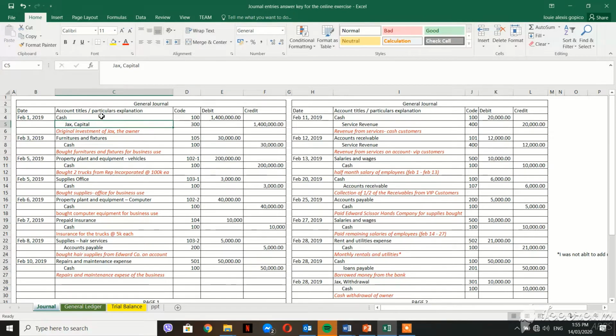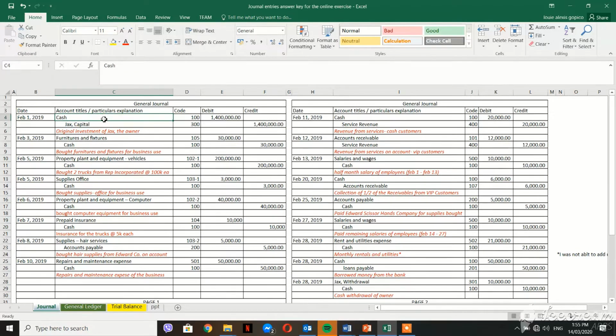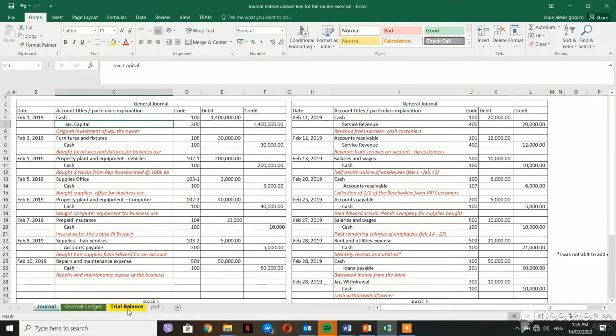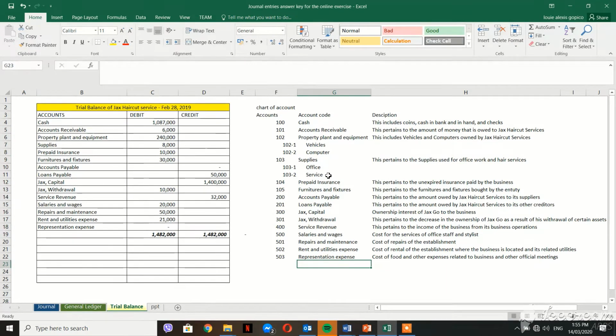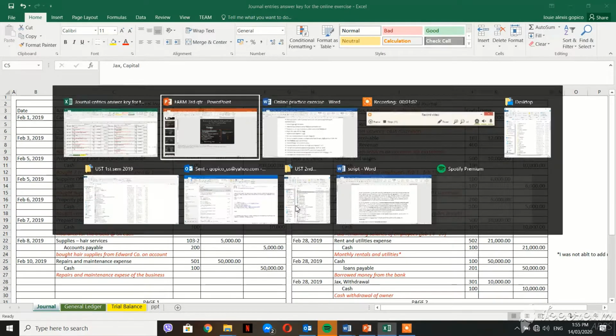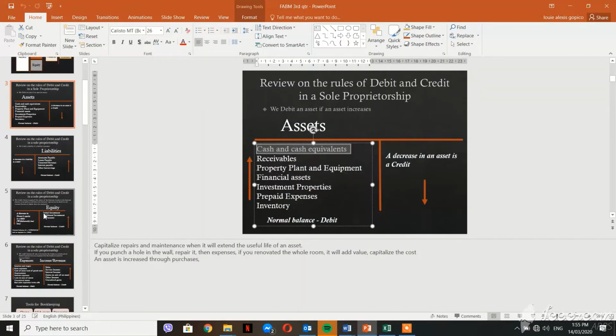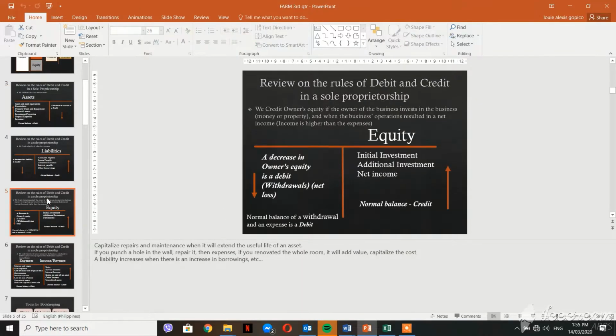Okay, so the partner of this transaction is Jax Capital. As you can see in our chart of accounts here, Jax Capital means it is the ownership interest of Jaxgo in the business. So going back here in the PowerPoint, I mentioned before that the initial investment by the owner is an equity transaction.